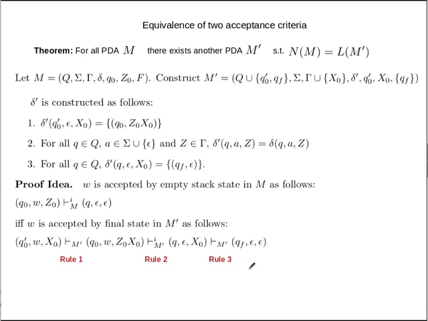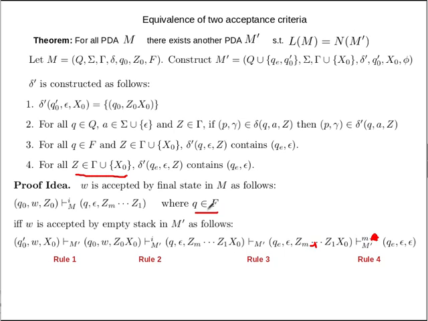So we need to prove the converse also, but the converse is also easy to see, because now we just proved if this is true then this is true, but this is if and only if. Suppose you are accepting something in M prime via empty stack, so that means you started with this ID and after some number of steps you have an empty stack.